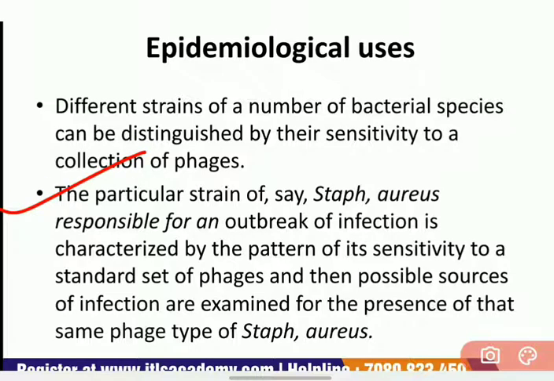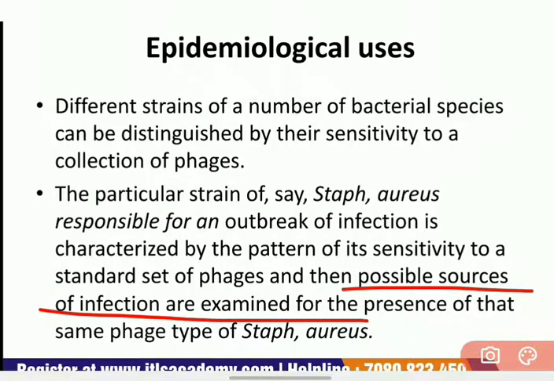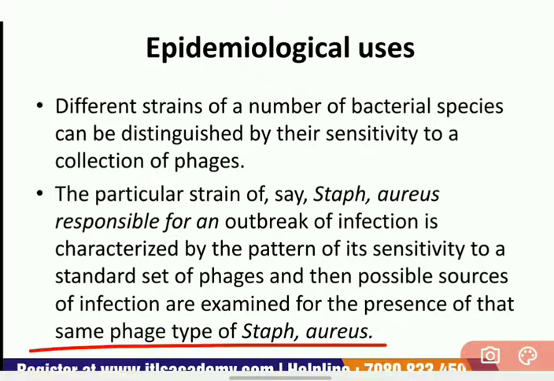The particular strain of, say, Staphylococcus aureus responsible for an outbreak of infection is characterized by the pattern of its sensitivity to a standard set of phages, and then possible sources of infection are examined for the presence of that same phage type of Staphylococcus aureus.